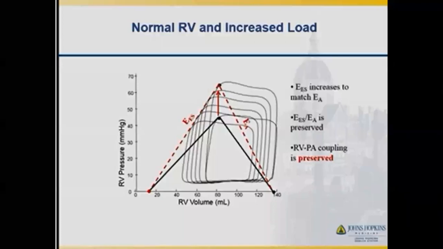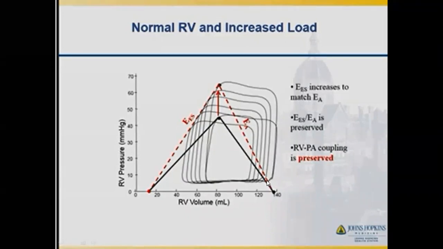So how the normal RV responds to changing this afterload is better demonstrated with a pressure volume loop, as is the case for left ventricular function. Okay, with changing. So this is the end diastolic volume.